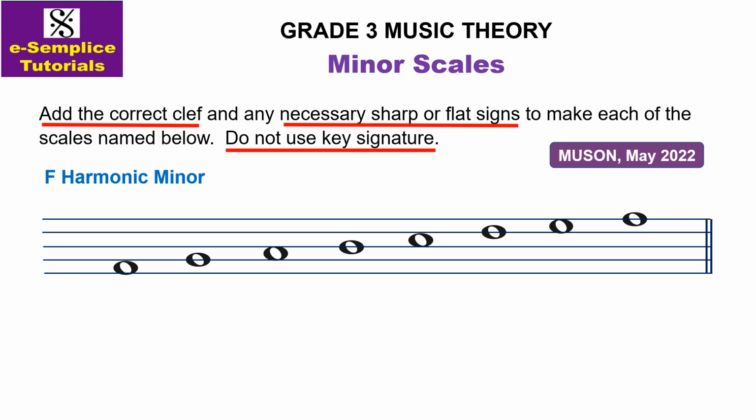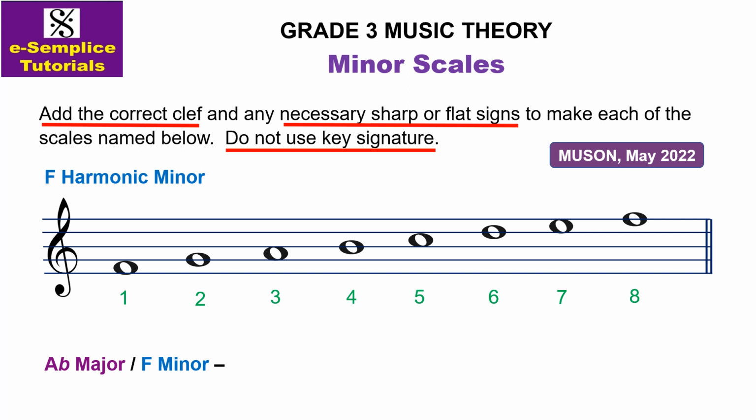The scale is F harmonic minor, so which clef will make this scale F harmonic minor? It can only be treble clef. Now this is an ascending scale, so it would be numbered 1 to 8, as you can see.